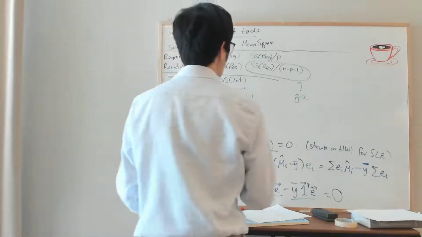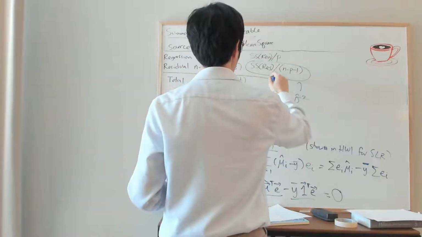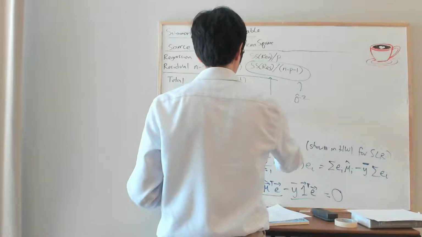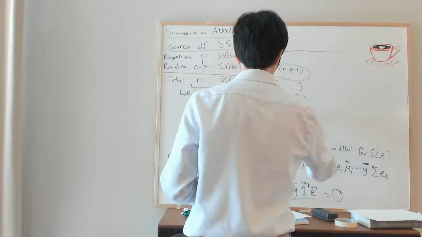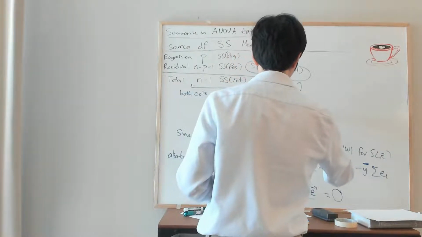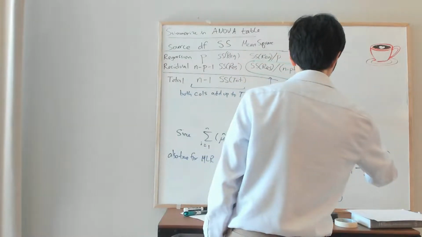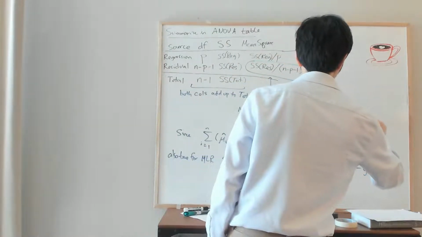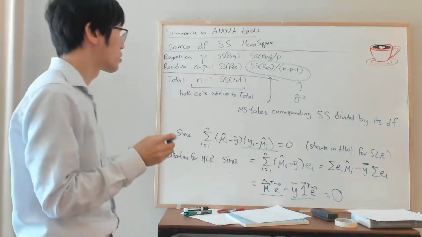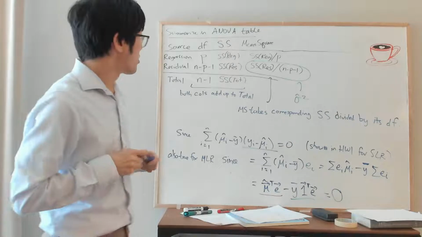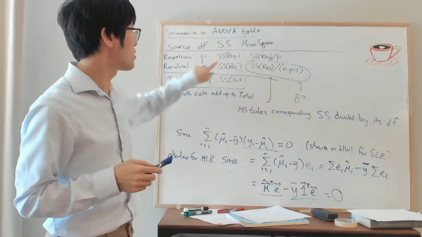So basically, the mean square takes the corresponding sum of squares and divides it by its degrees of freedom. I'll abbreviate mean square by MS, and sum of squares by SS.